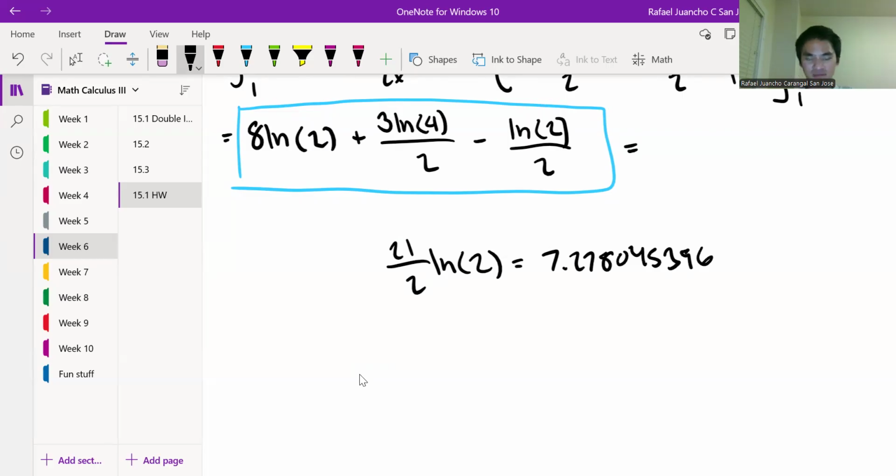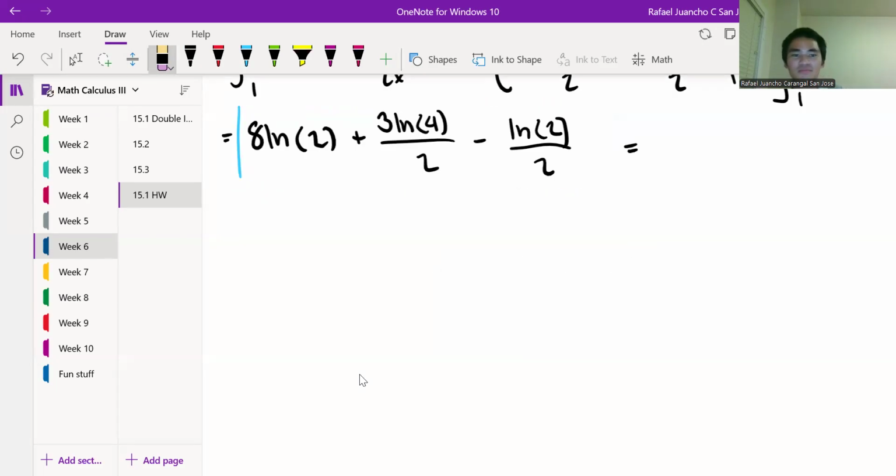What does this give me? Okay, 8 ln 2. I added to 3 ln 4. I divided by 2. And then I subtracted ln 2 by 2. Okay, I got the same thing. I got the same thing. Would be nicer to simplify. But yeah, I get the same thing.